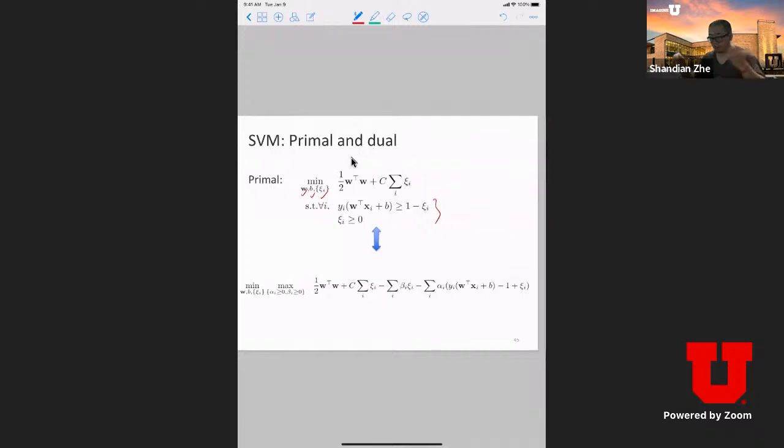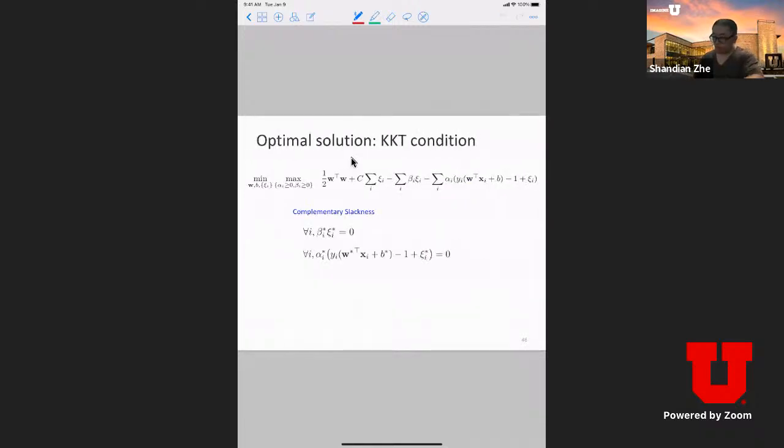Okay, let us do it. We're going to mainly use the complementary slackness in the KKT conditions, namely that for the optimal values of beta i's and slack variables xi i's, the product of each Lagrange multiplier and its constraint function is 0. So for every training example, we have beta i star times xi i star is 0.